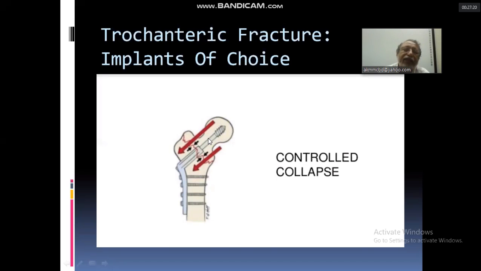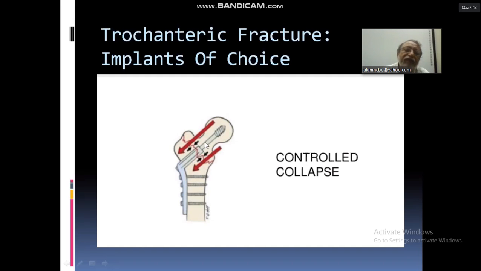There is a head and neck part. So it will allow this part to back up here, and the tail of the screw will come out. The fracture will remain, the stability will be maintained, and there is no complication.